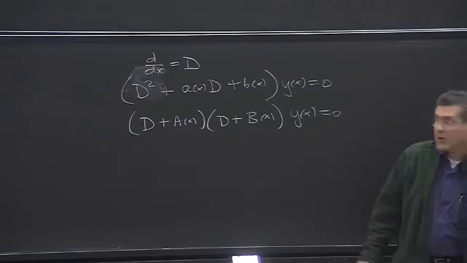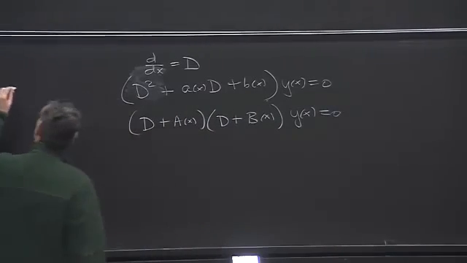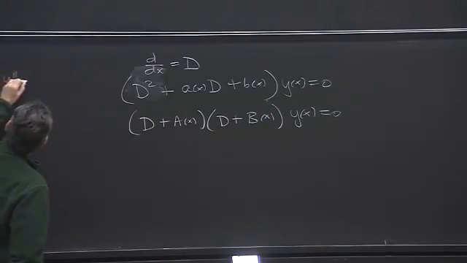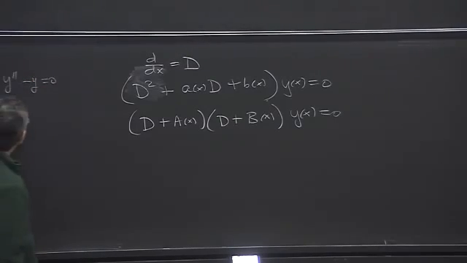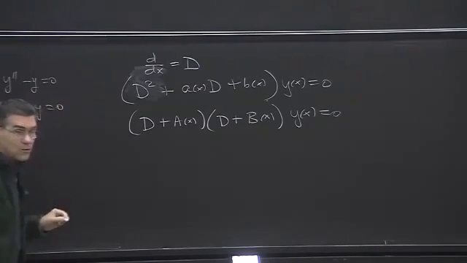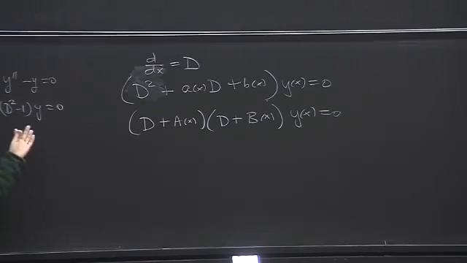As an example, if I had the equation y'' minus y is equal to 0, this equation would be D squared minus 1 on y is equal to 0. And I know how to factor this, right? You learned factoring, right?